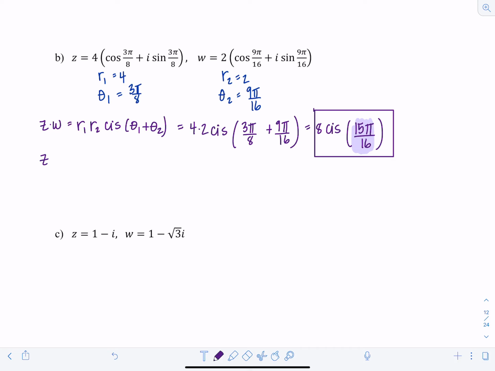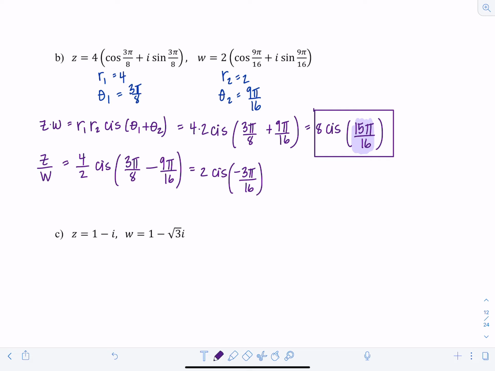Now Z divided by W, that's going to be R1 over R2, cis 3 pi over 8 minus 9 pi over 16. So this is going to be 2 cis. Now 3 pi over 8 becomes 6 pi over 16. So 6 pi over 16 minus 9 pi over 16 is negative 3 pi over 16.